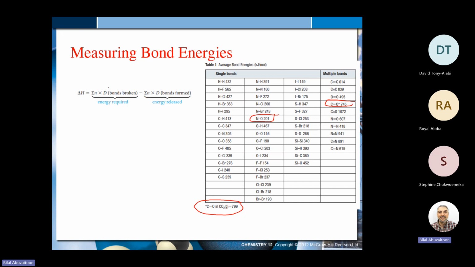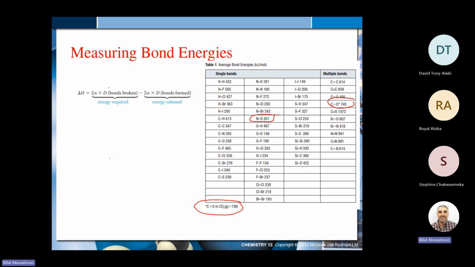So if you have, for example, aldehyde in the reaction, you will have a bond which is C double bond O, right? So you will get the value from the table as C double bond O here, as you see. You will get this value, 745.